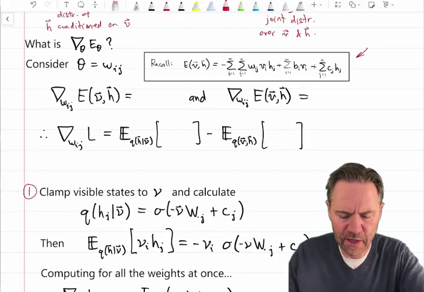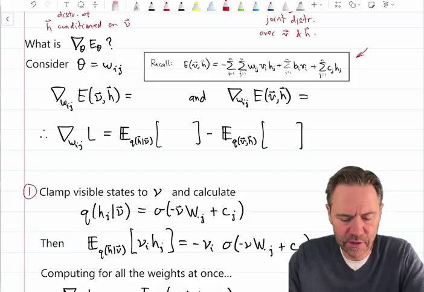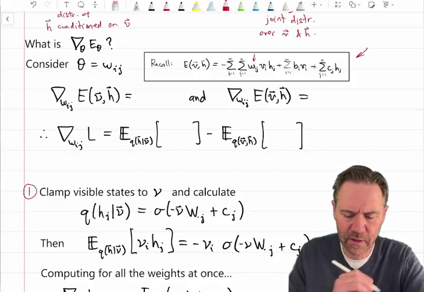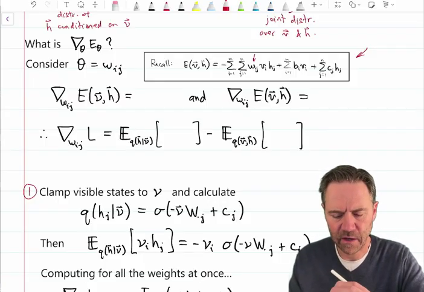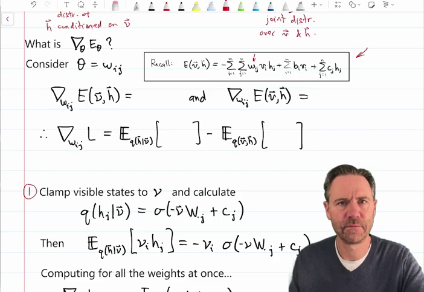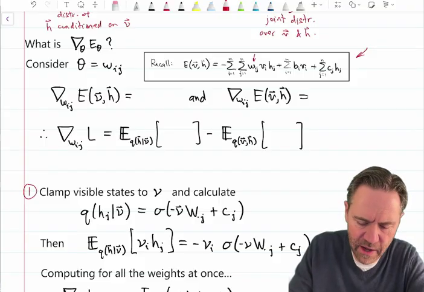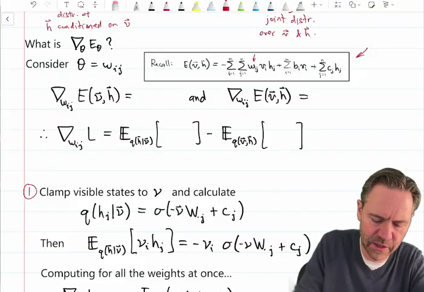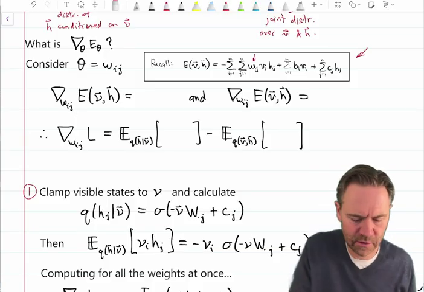Looking at that energy function, if we were to compute the derivative with respect to Wij, the only place Wij shows up is in the link between Vi and Hj. I guess it shows up twice actually. So I think there should actually be either a 1/2 in front of that energy, or we should get a 2 here. But I'm just going to ignore that. It's just a constant.